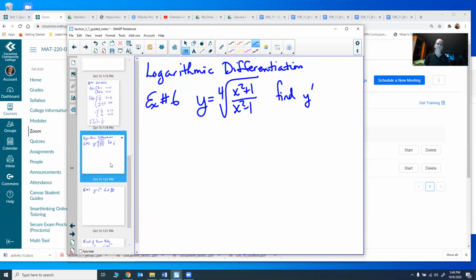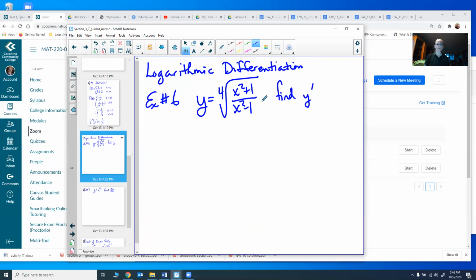Natural logs have some really nice properties. If we have really nasty equations and we want to find the derivative of a function that's really involved, we can actually use logarithms to help us do that. It's what we call logarithmic differentiation. So I have y equals the 4th root of x squared plus 1 over x squared minus 1.